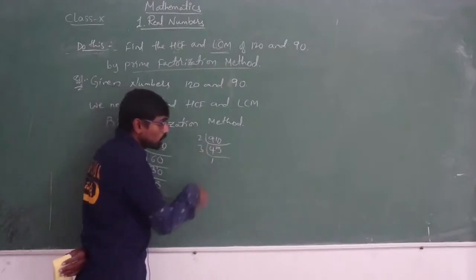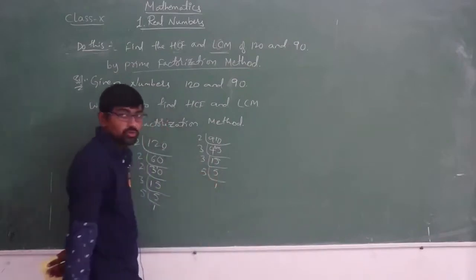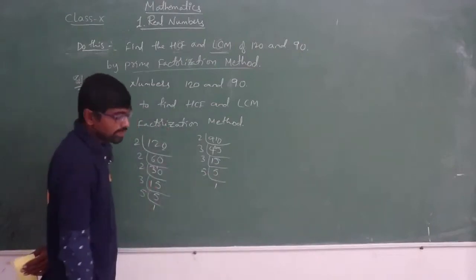So 3 1s are 3, 1 remains, 15. 3 5s are 15, and I get 5 1s are 5. So like this we have found the prime factors of 120 and 90.